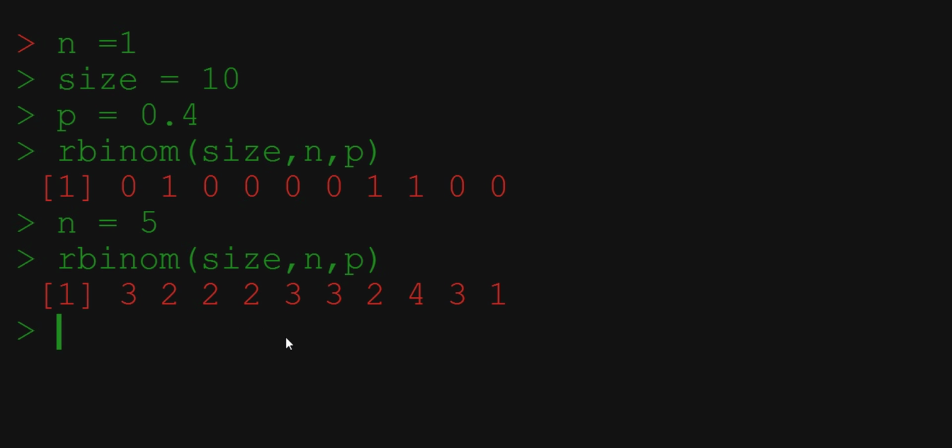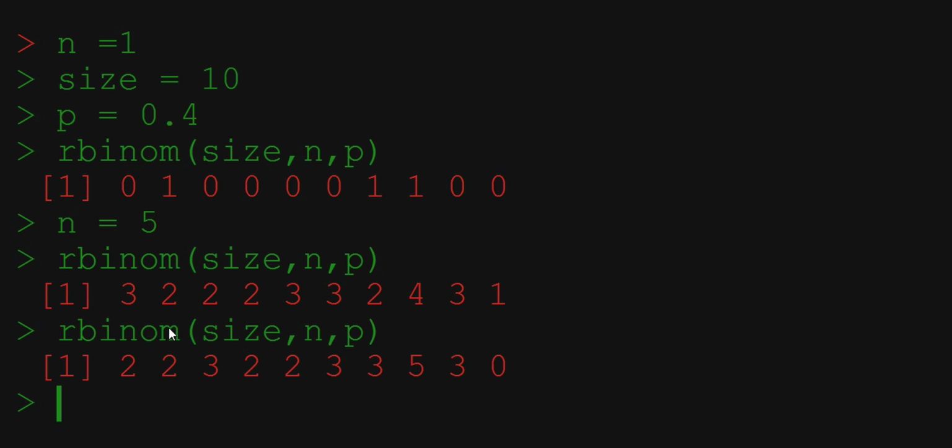So there are 6 possible results. If we repeat this experiment, we see that middle numbers like 2 or 3 occur more frequently than extreme numbers like 5 or 0.